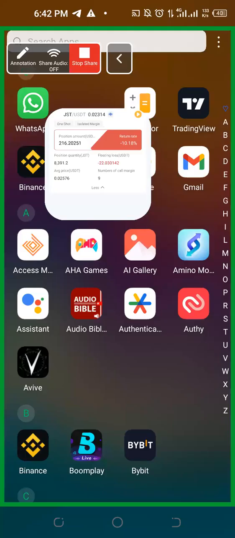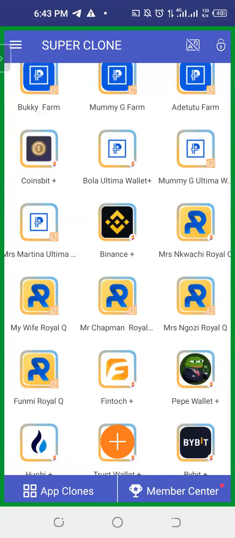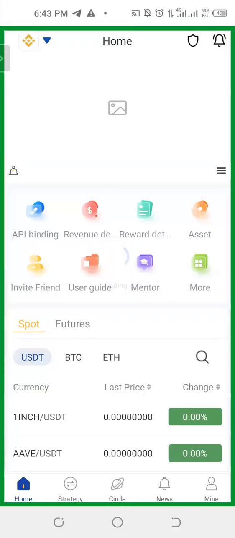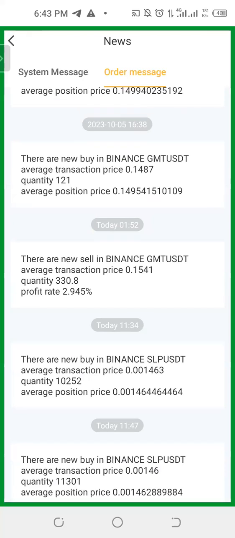Now, the other coin that I sent, GMT, that coin delivered. Let me check here. Other message. That coin delivered and new sell.